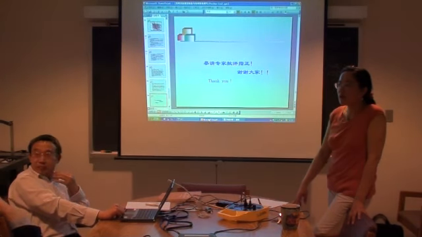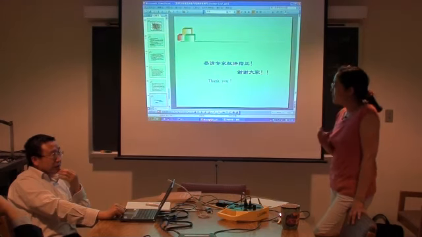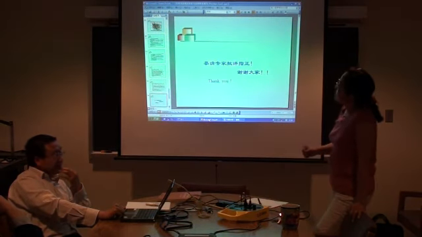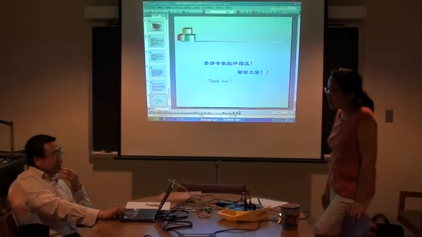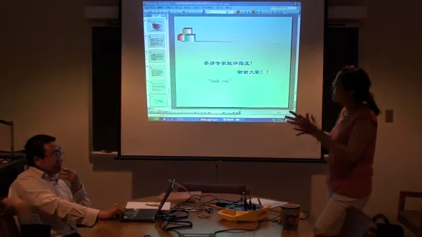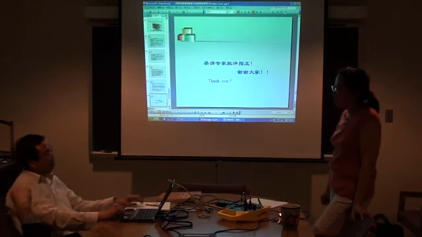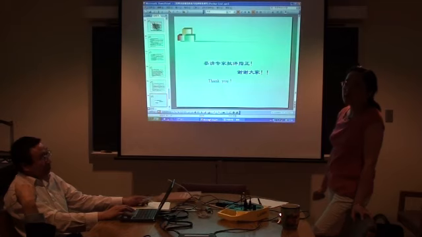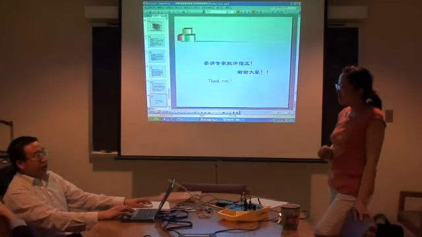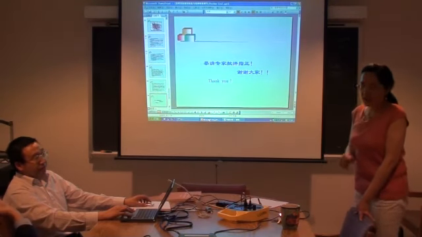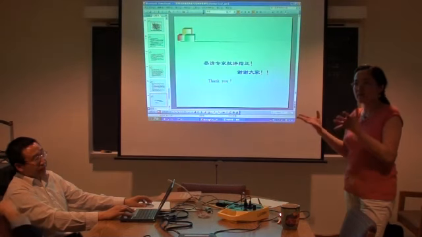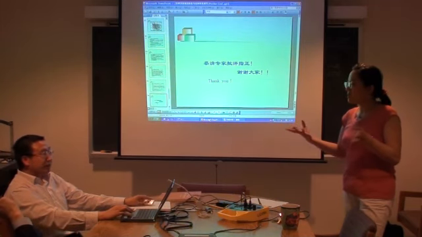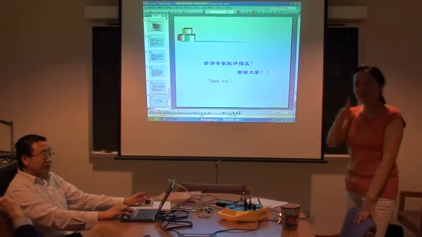He's asking about different browsers. Generally in a browser the address bar is at the top left, so everyone looks there. Would different browsers affect your results? Have you done such a study? He said he hasn't done that; mainly they used what is commonly used now, IE, Internet Explorer. It may relate to habit. In China people typically use Internet Explorer, so people get used to that. But that's a very good question, right?